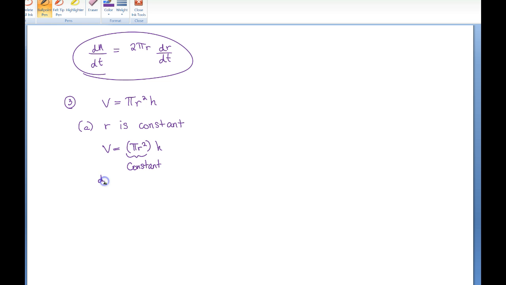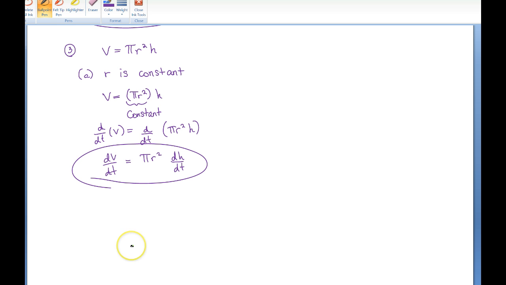So if I do d/dt of both sides, we get dV/dt equals pi r squared dh/dt. Questions?